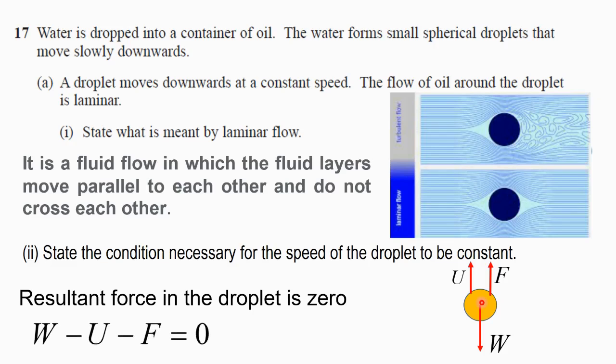So we can write the condition as W minus U minus F equals 0. We take W as positive since our droplet is moving in the downward direction, so the forces acting in the direction of motion can be taken as positive. That is W minus U minus F should be 0. That is, the resultant force is 0 in this case.